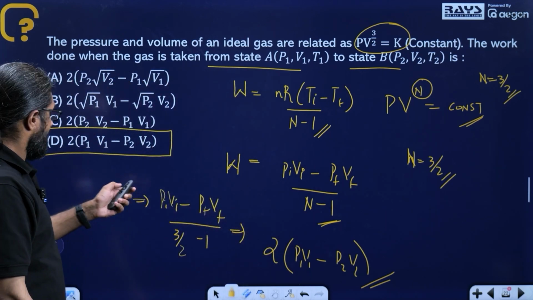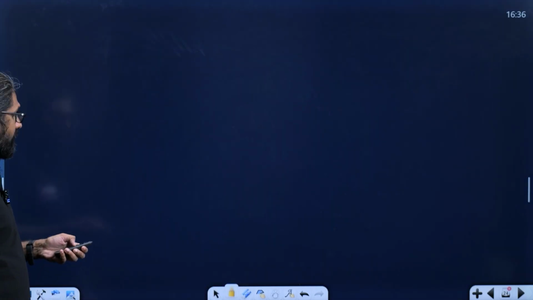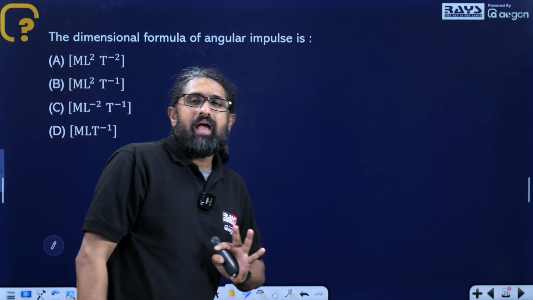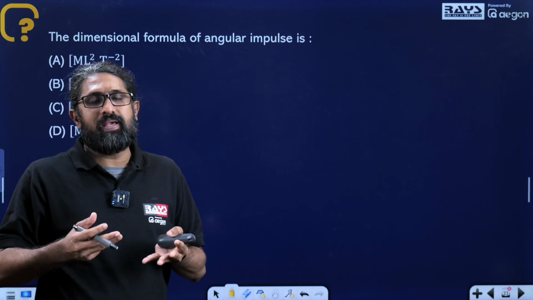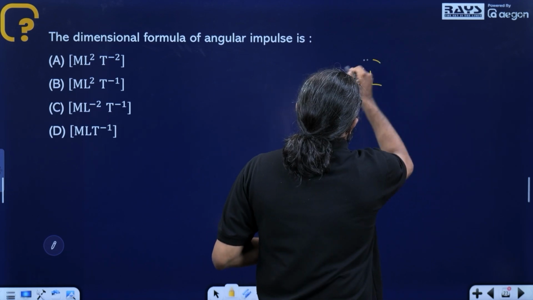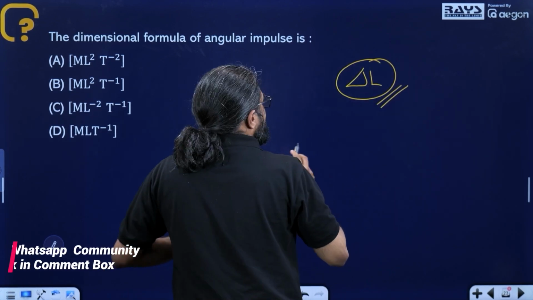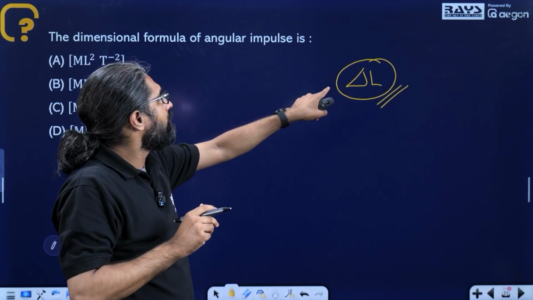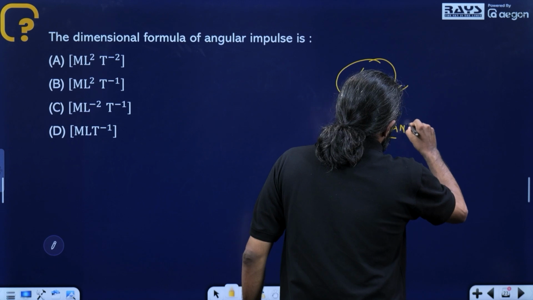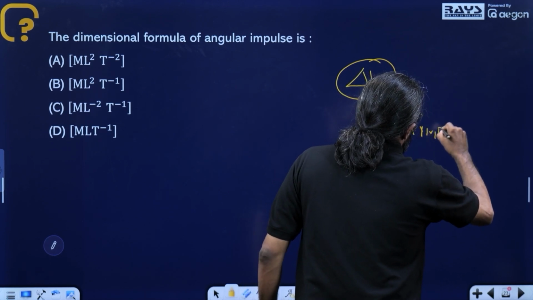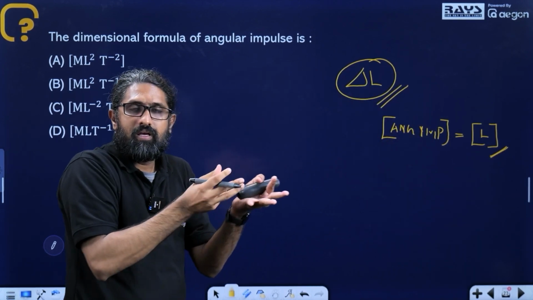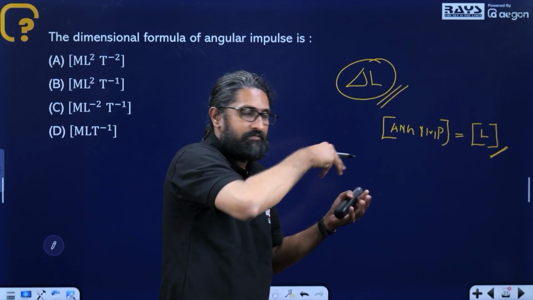Now, the next question says the dimensional formula of angular impulse is. Now, angular impulse or simply impulse is basically change in linear momentum. Angular impulse is change in angular momentum. So, delta L is basically what we are after, which means delta L is supposed to have the same dimensions of L itself, angular momentum. So, dimension of angular impulse will be equal to the dimension of L, because basically the difference of something will have the same dimension of that something itself.